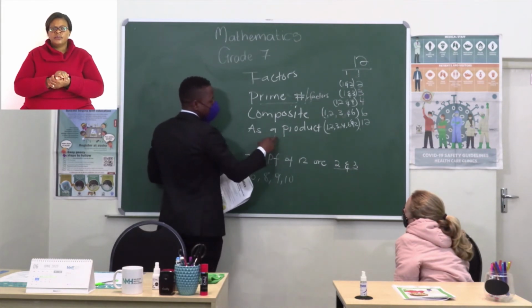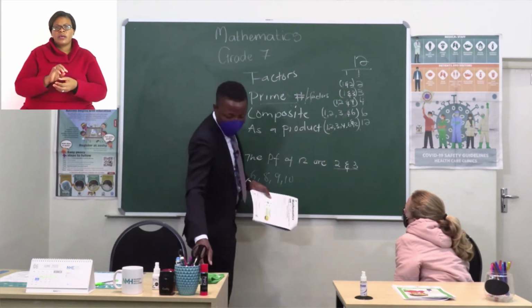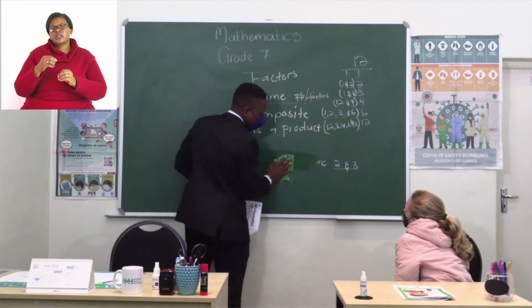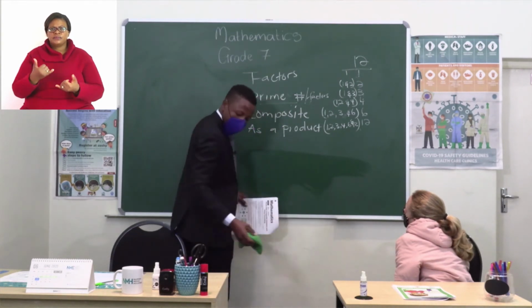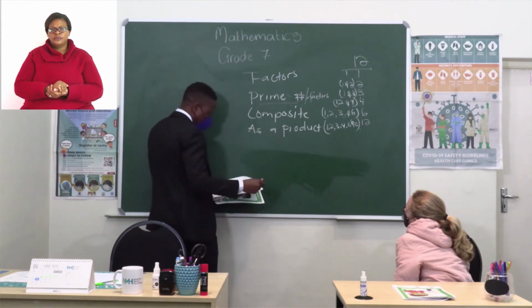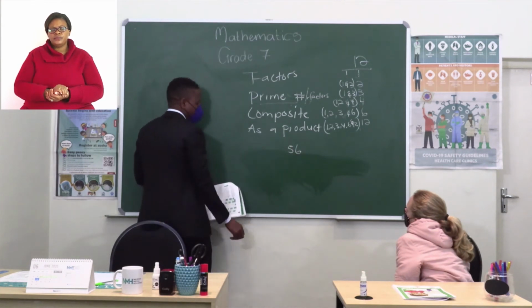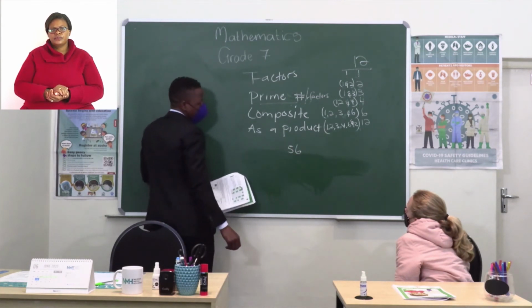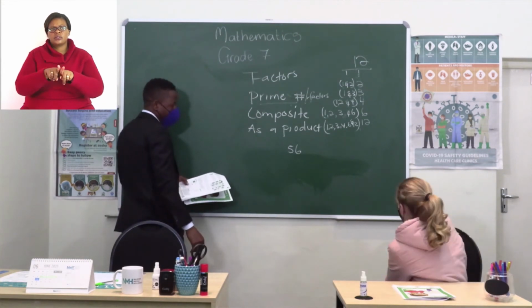The last one is to write a number as a product of its prime factors. In our booklet, we are given 56. We must write 56 as a product of its prime factors.